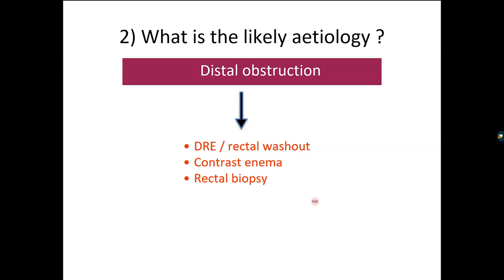Once you have that, there can be many potential causes, starting from jejunoileal atresias, meconium ileus, meconium plug syndrome, Hirschsprung disease, hypoplastic left colon syndrome. The reason why we need to try and find out the exact etiology is that not all of these conditions need immediate operation. Some of these conditions can be managed conservatively.